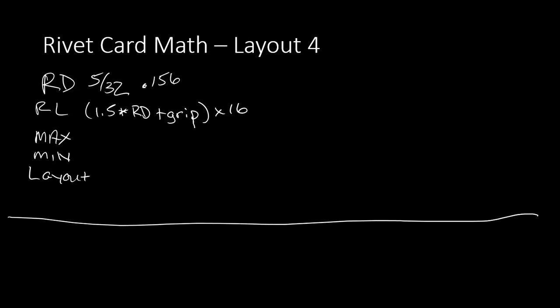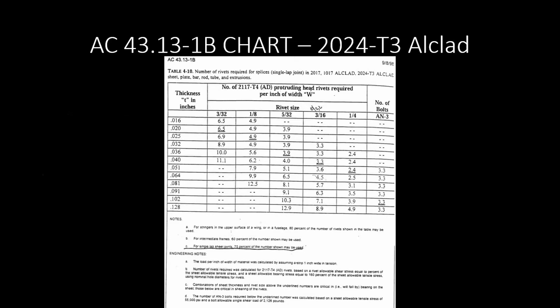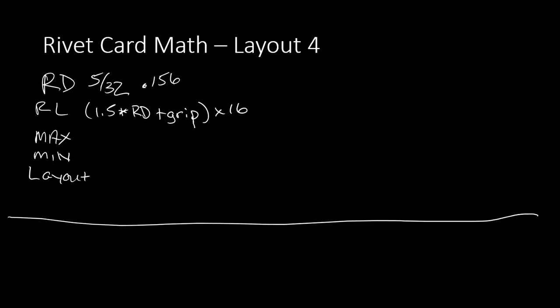So our max, remember we have to go get that multiplier. We're going to have a 5/32nd rivet, 40 thousandths, so our multiplier is 4.0. What everybody is trying to get in school, right?